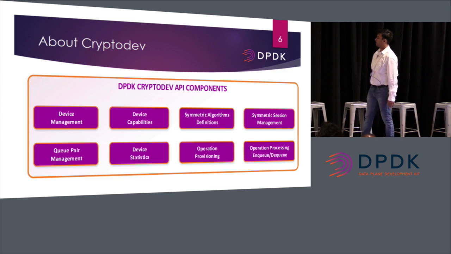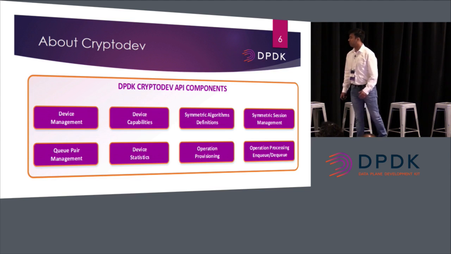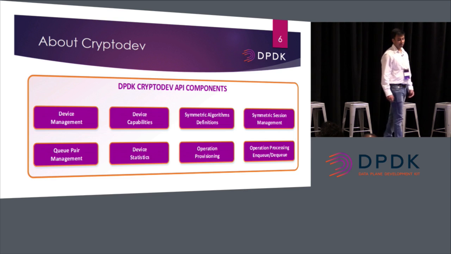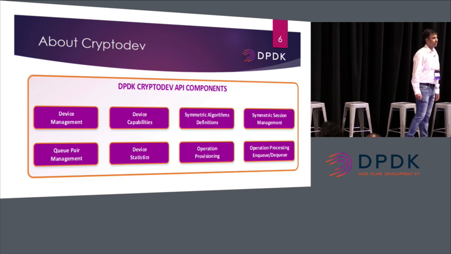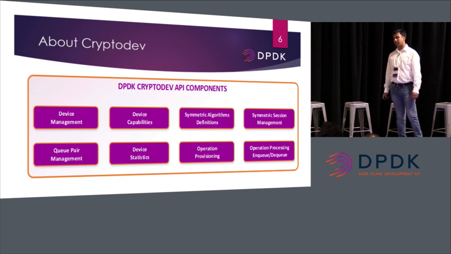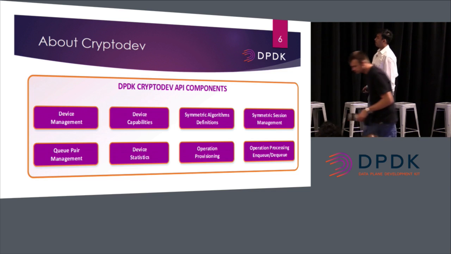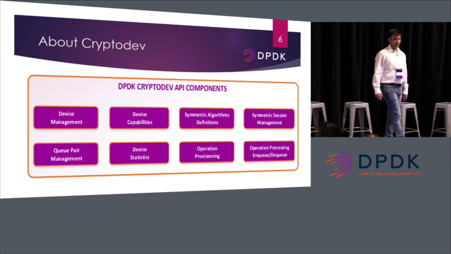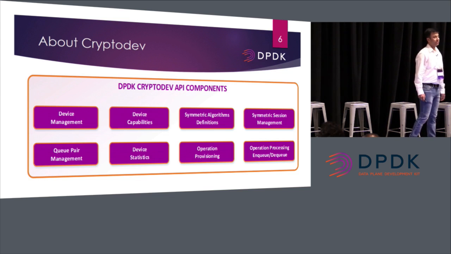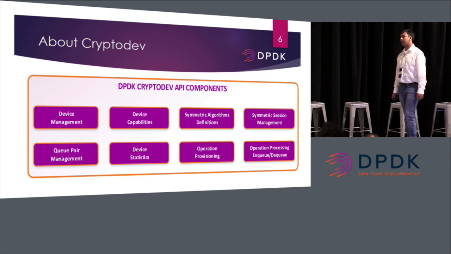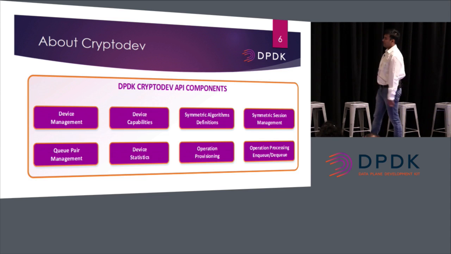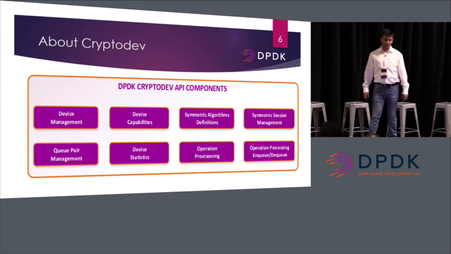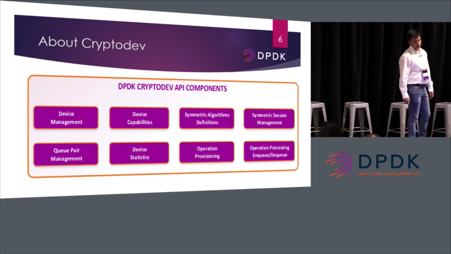There are some of the features which are there from Cryptodev, so they are similar there. In terms of symmetric algorithm definition, you can always query for what algorithms are as of now supported in any of the PMDs. In op provisioning, you can fill up your operations with different information about IV size or key size and all this information.